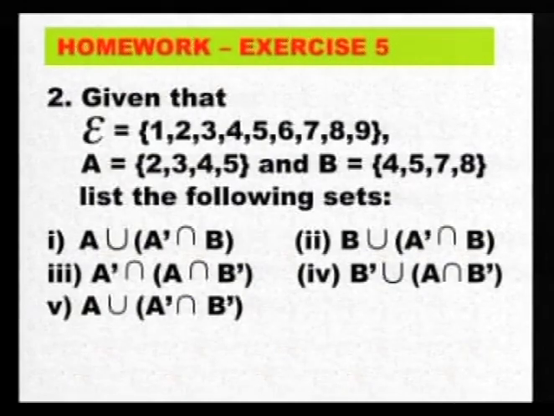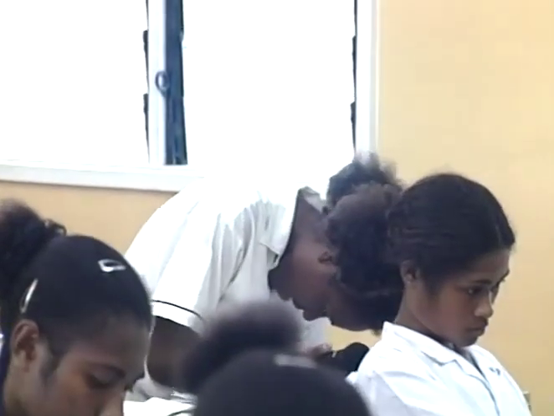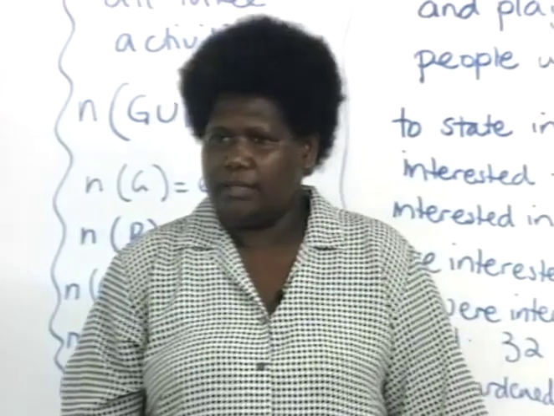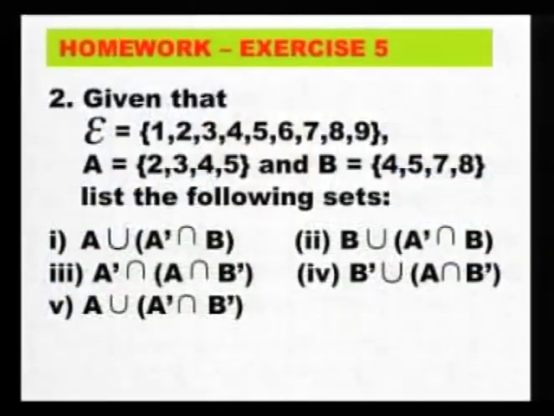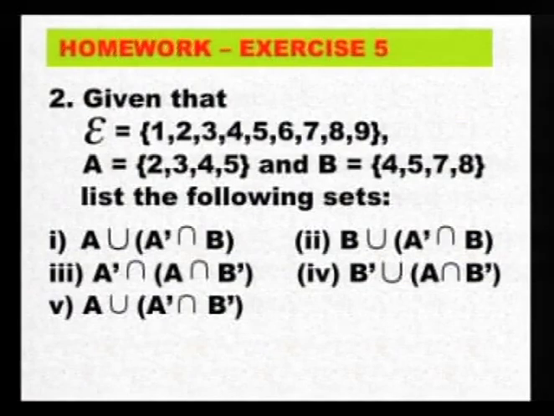Number 4, the complement of B union, in brackets, A intersection the complement of B. Megan? 1, 2, 3, 6, 9. 1, 2, 3, 6, and 9 is correct. And the last one, number 5.